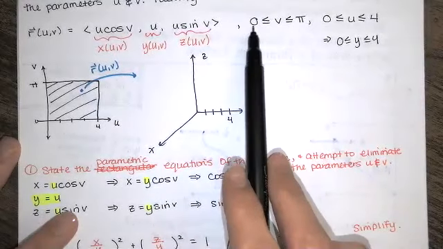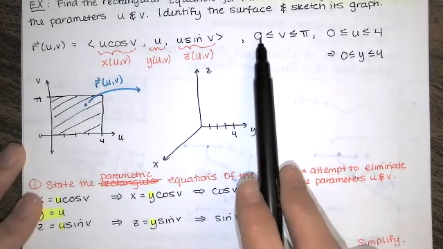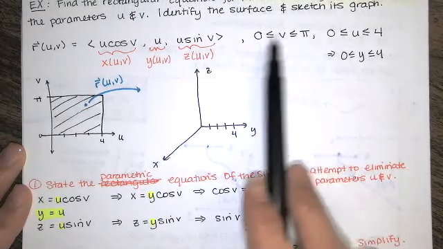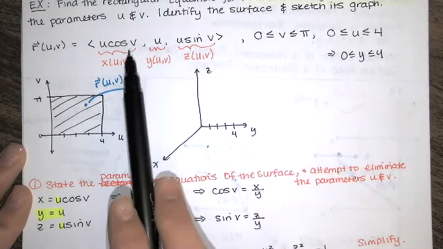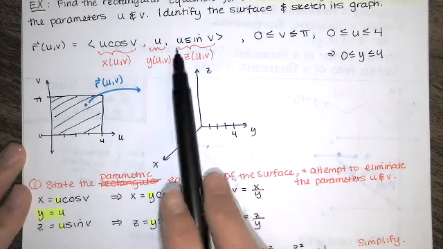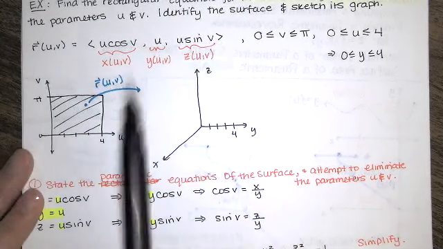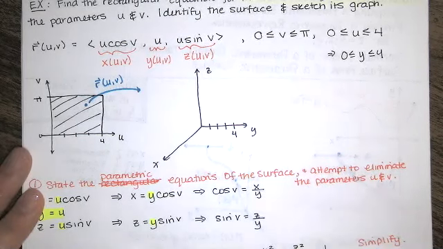But look at this. V ranges from 0 to pi. So what does that do? If V went from 0 to 2 pi, that means cosine would take on all of its values and sine would take on all of its values. But that's not what happens. We only get half of the values.